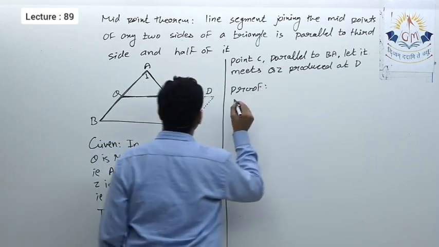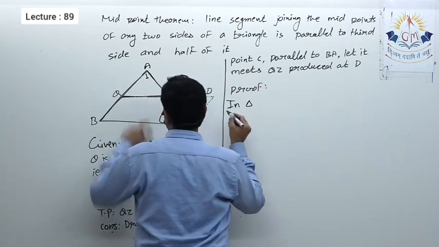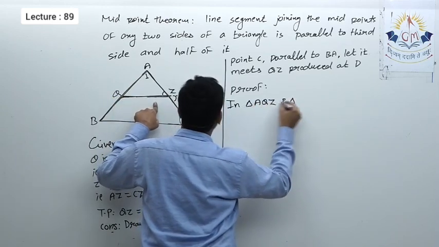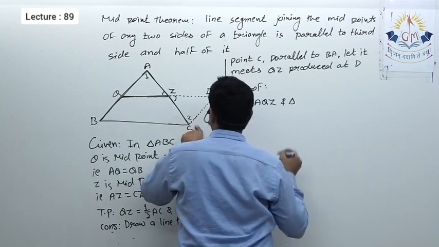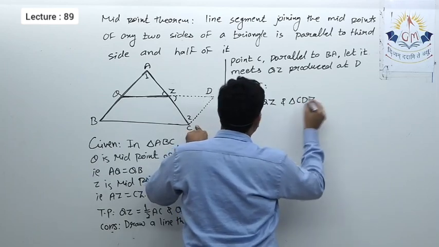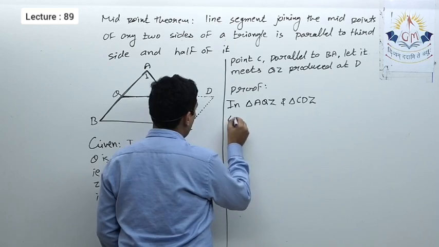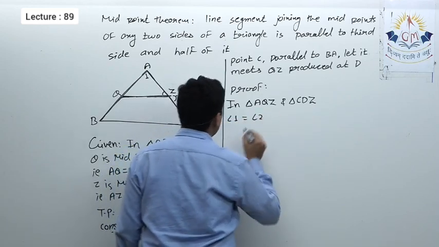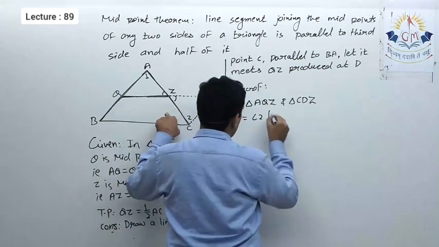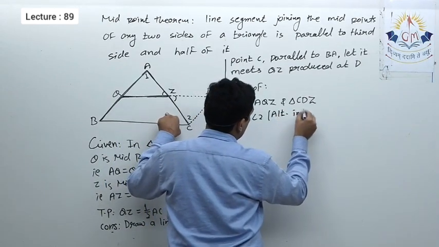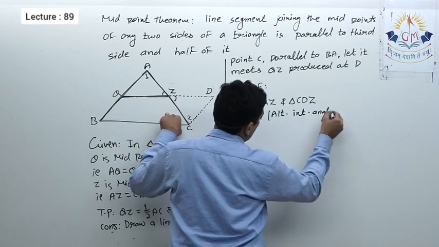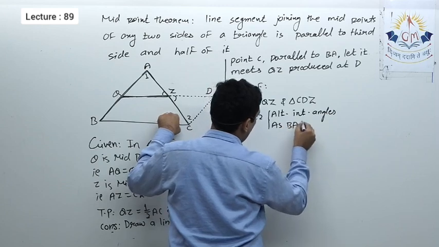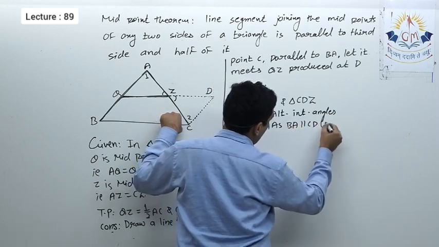So in triangle AQZ and triangle CDZ, angle 1 is equal to angle 2 as BA is parallel to CD by construction, alternate interior angles.